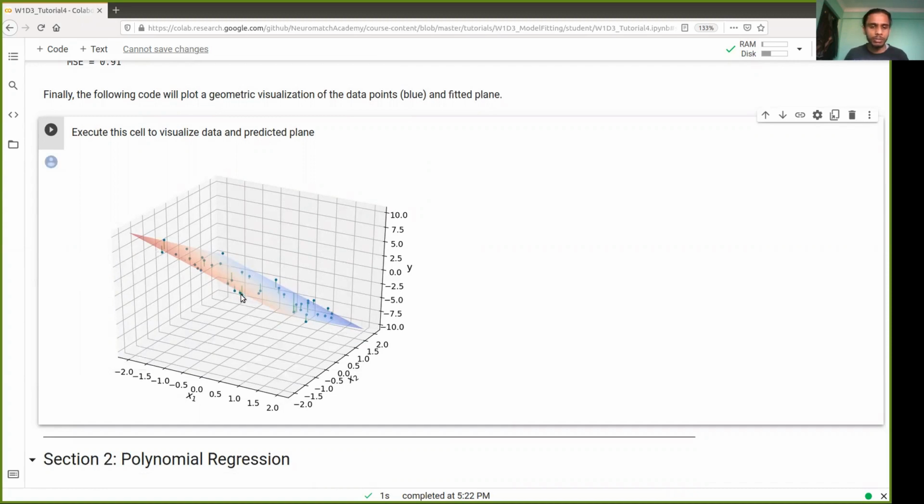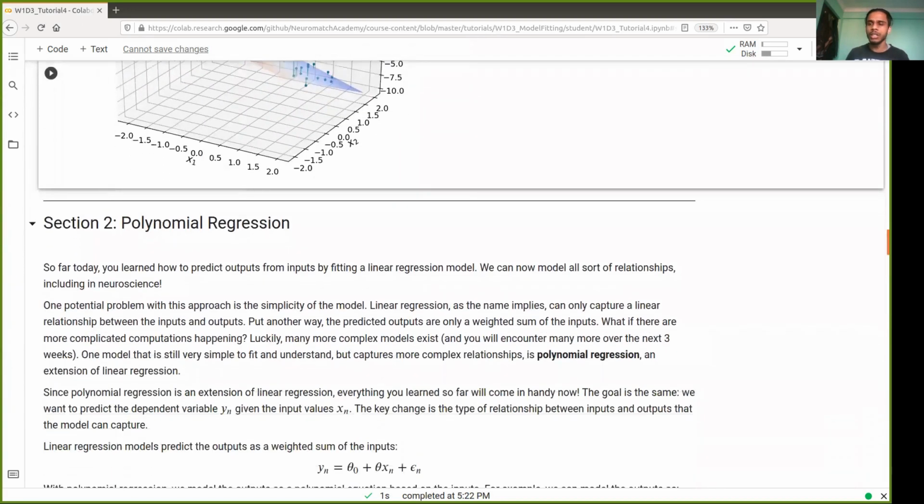These blue dots are the actual data points, but you can see the plane does not pass through each of the data points, and you can see these small green lines that represent the error, right? So there is slight deviation between our prediction and the actual value of those points. When we square these errors and sum them up, this gives us the MSE, right? So the next thing is polynomial regression.